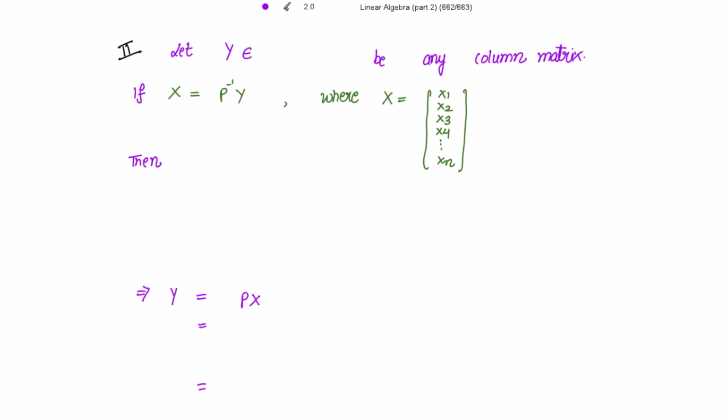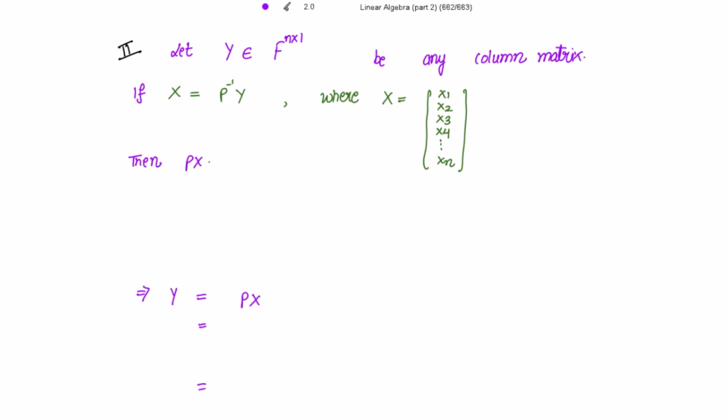So let me choose one column matrix from F^(n by 1). Let y be any column matrix, right?